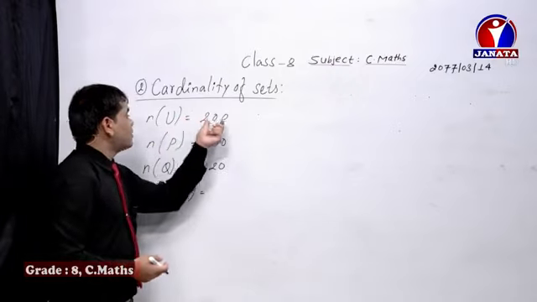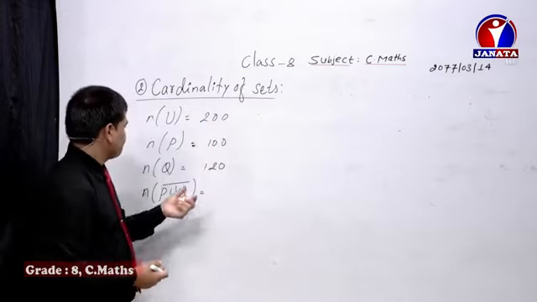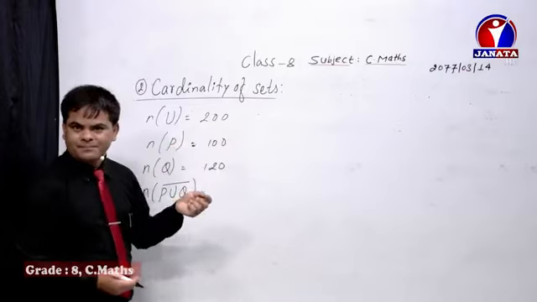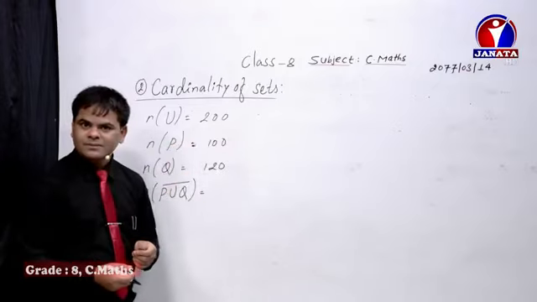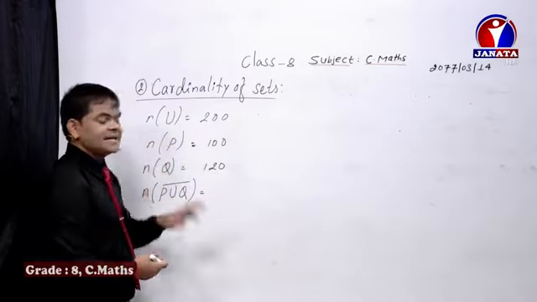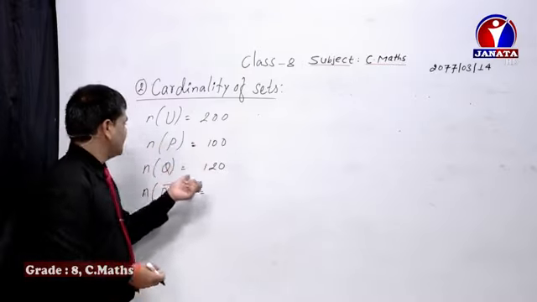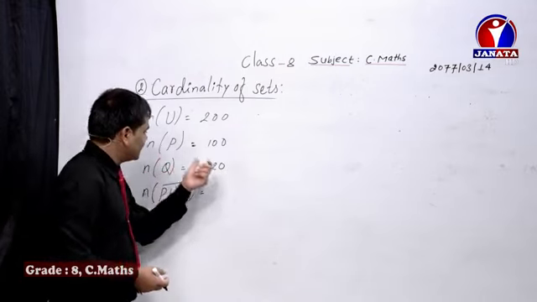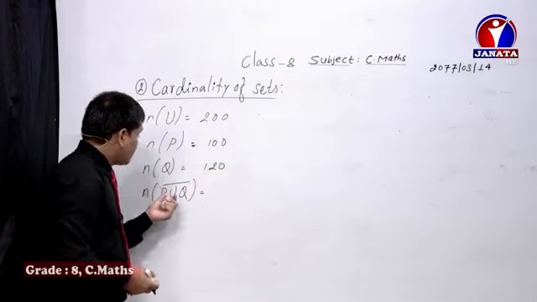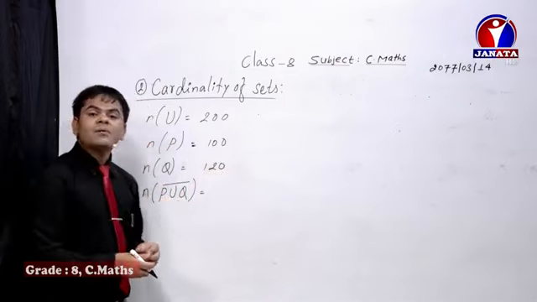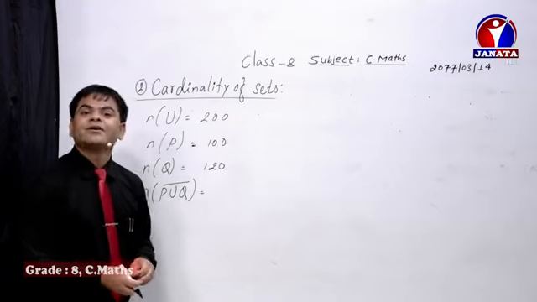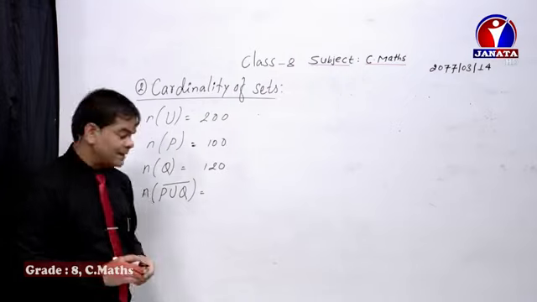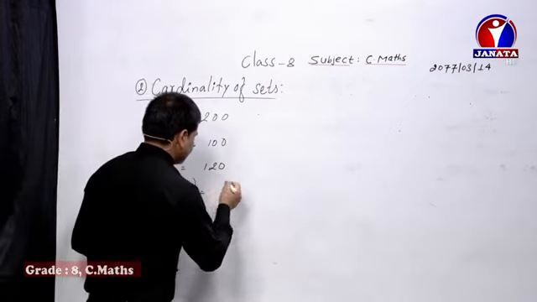In our survey of 200 people, it was found that 100 people like to have potato, or you can say anything else, as I have written P, so in the place of P there may be another item. Similarly, 120 people like Q, and the number of people who like neither P nor Q, which represents the area of the complement, let's include as 20.